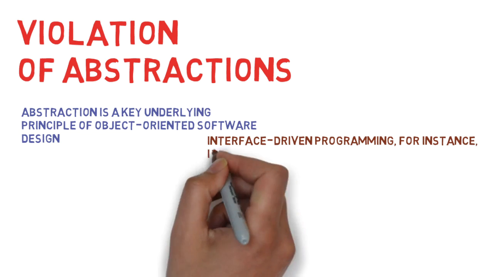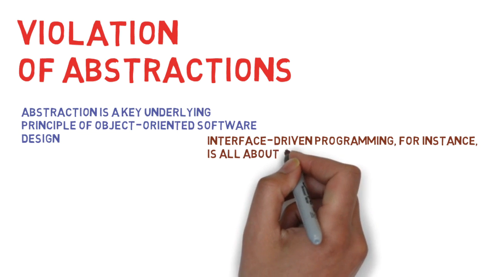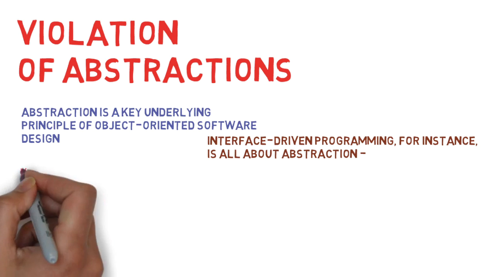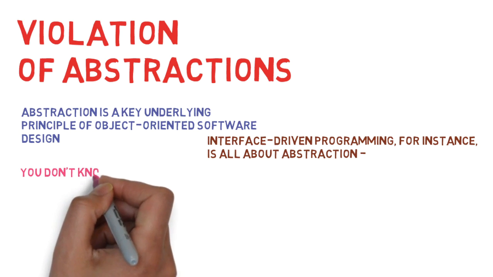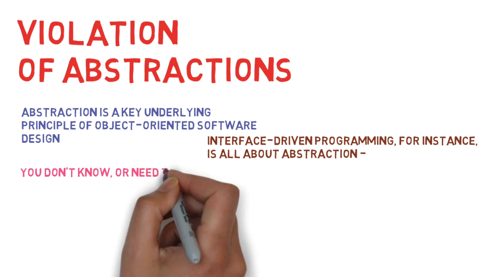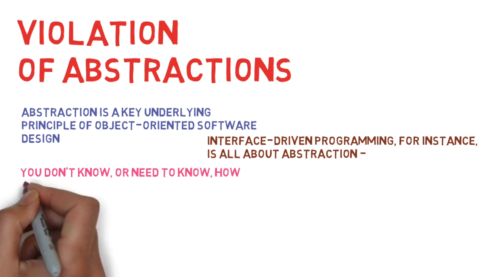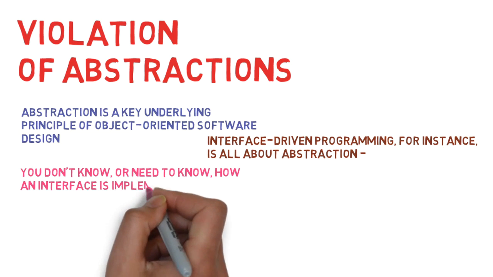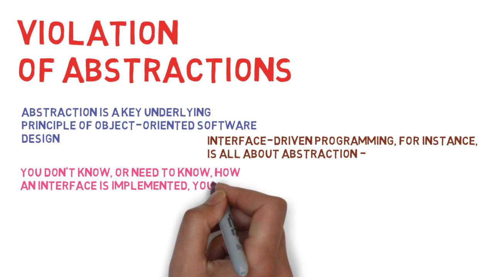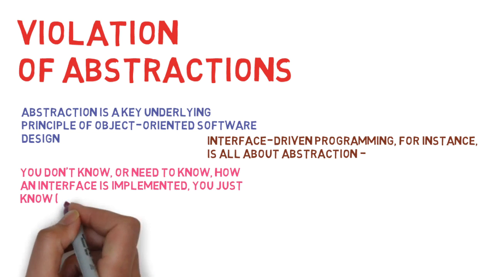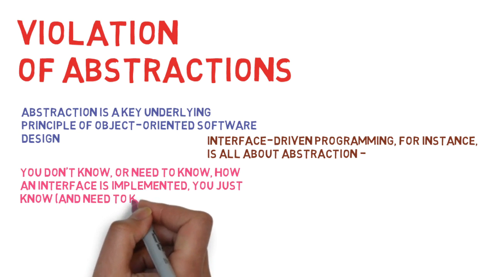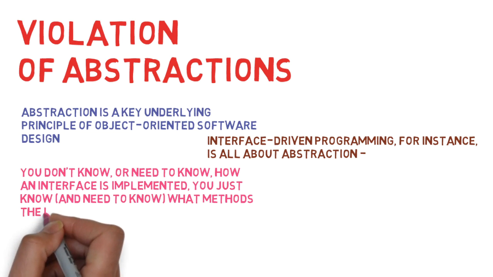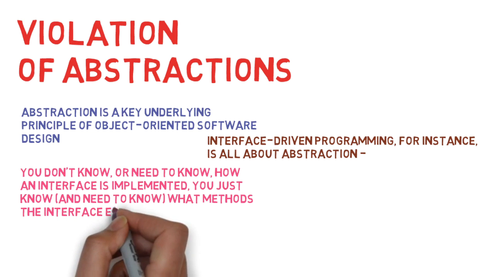An interface specifies what the underlying implementations can do. And the implementation of that interface worries about how it can implement those methods. It doesn't need to worry about what methods it needs to implement, that has already been given by the interface. You don't really need to know how an interface is implemented when you're using it. You just know what methods the interface exposes, and that is all that you need to integrate with.